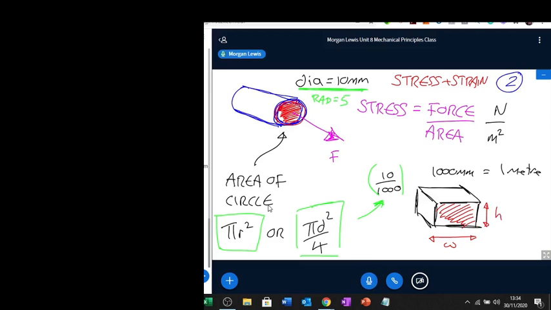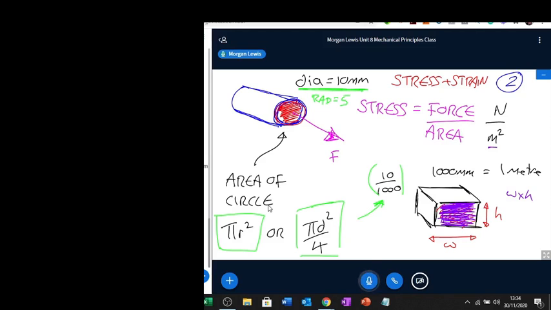So it's the area of the rectangle in this case. Width times by the height, 5 mil by 10 mil, something like that. You just need to make sure the area is in meters squared, and the force is in newtons.